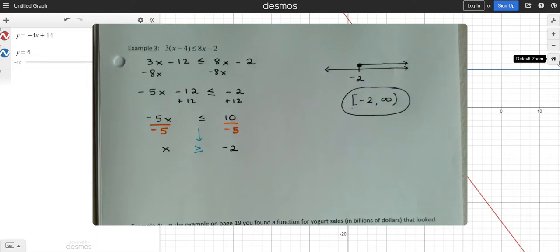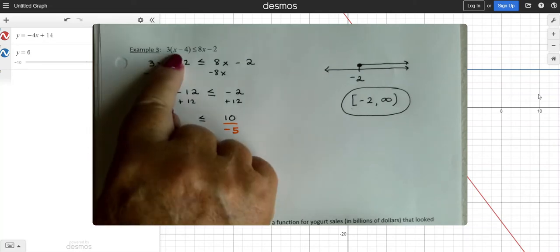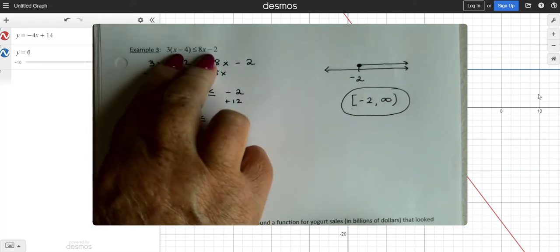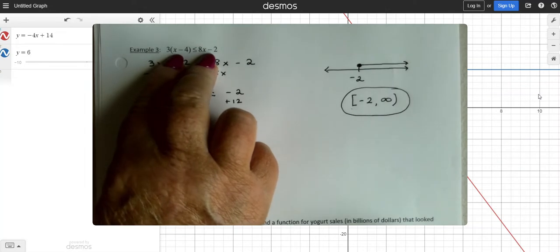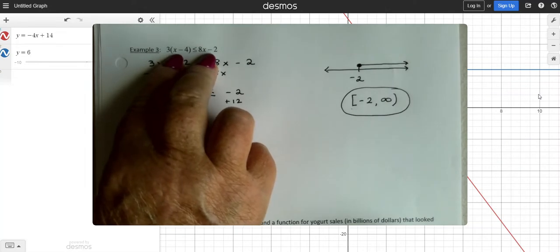All right, how could we see this one on a graph? What I'm going to do is I'm actually going to say this time, instead of one side being a constant, I have two lines with slanted slopes, one on each side. So I'm just going to graph them both.